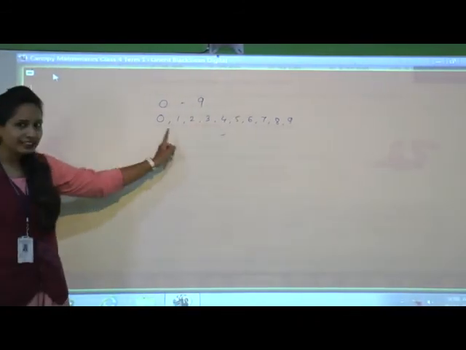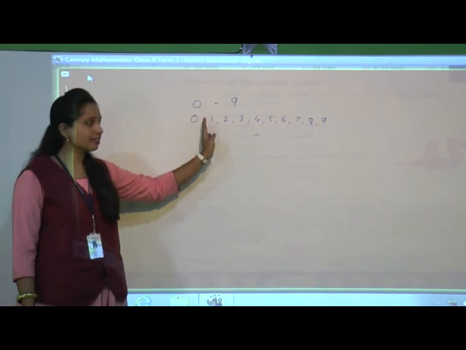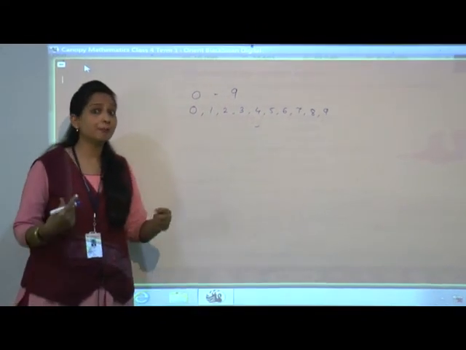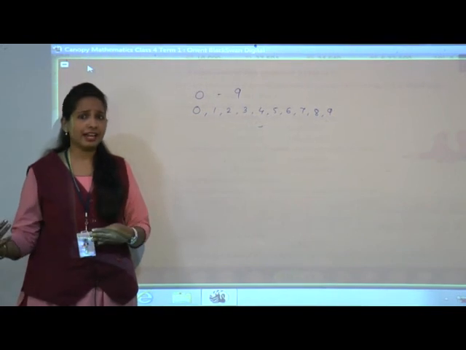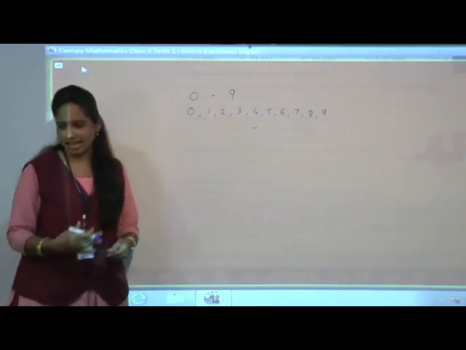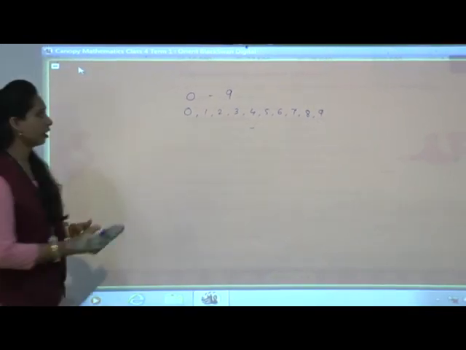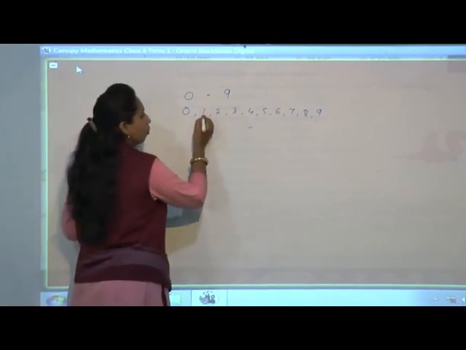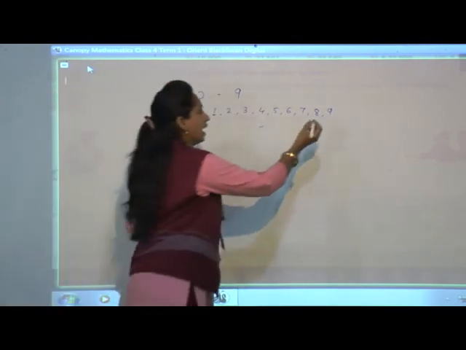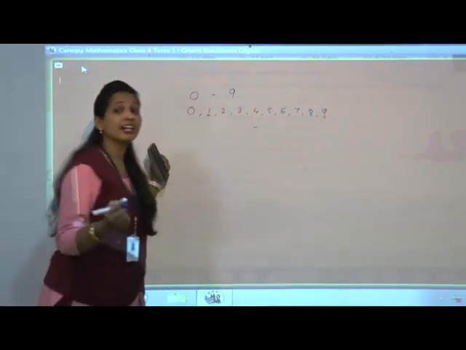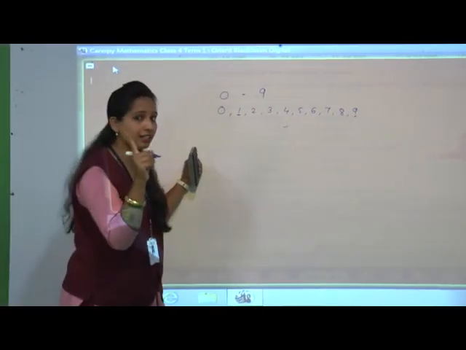By using these digits only, we make many numbers up to 1000, 10,000, lakh, 10 lakhs. So, in this, 1 is the smallest 1-digit number and 9 is the greatest 1-digit number.